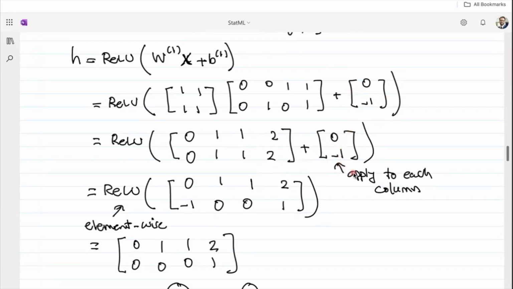So something to always remember here is that if you have more than one data point, here you have 4 data points, usually we just write this plus the bias term, but the fact that really matters here is that you actually have to apply this to each column, right?